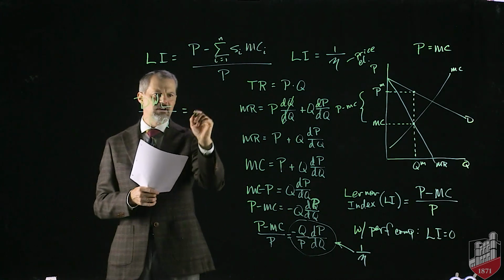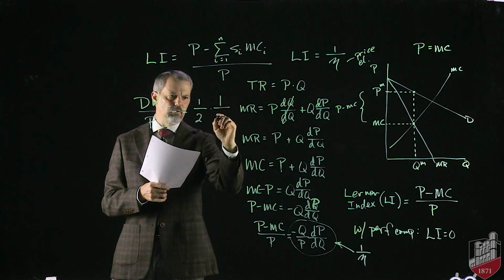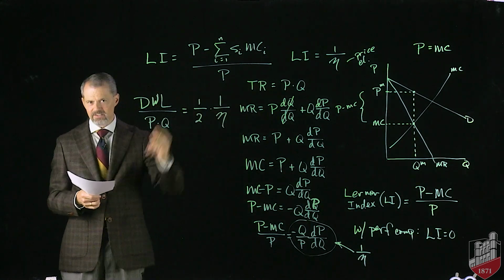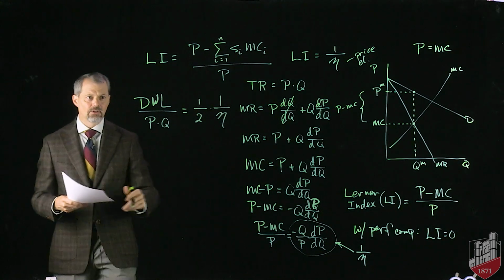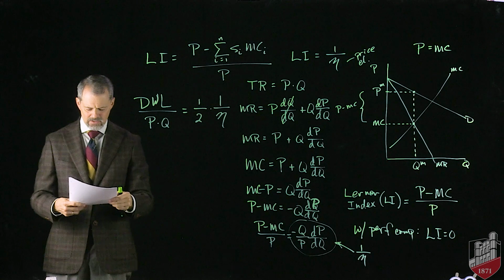We can actually very easily show that this is 1/2 times 1 over the elasticity of demand. Very similar to the Lerner index. So again, this is deadweight loss as a percentage of industry sales.